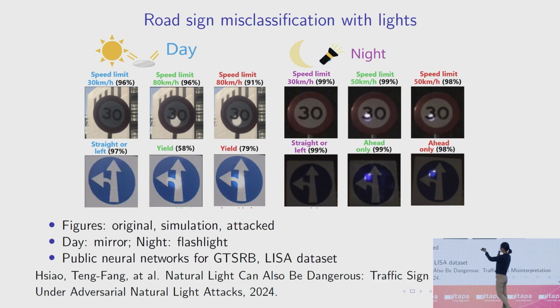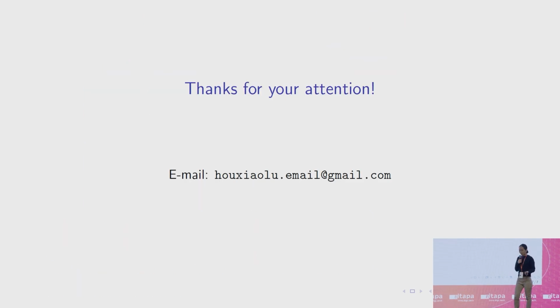It's correctly classified, but with a torchlight here, it is misclassified as ahead only with very high confidence. It's a very interesting attack, and they demonstrated those attacks on public neural networks used for famous traffic sign datasets. Okay, that is all.